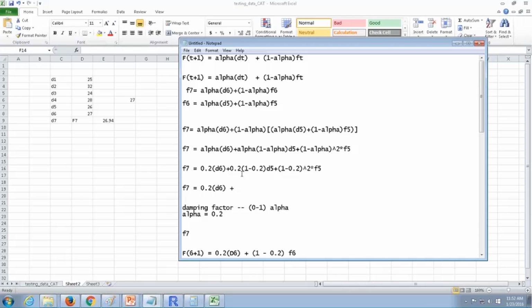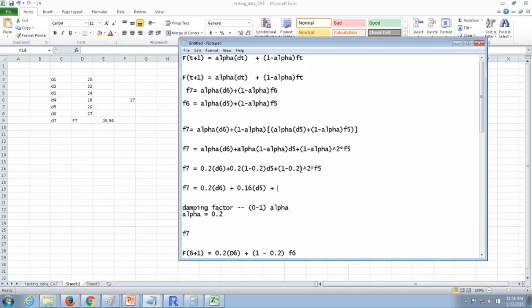What is the value? 0.16, okay. 0.16 into D5. And what is 1 minus 0.2 the whole square? Quicker answer, because I think these are all simple logic, right? 1 minus 0.2 will be 0.8. 0.8 into 0.8, what is it? Okay, 0.64.